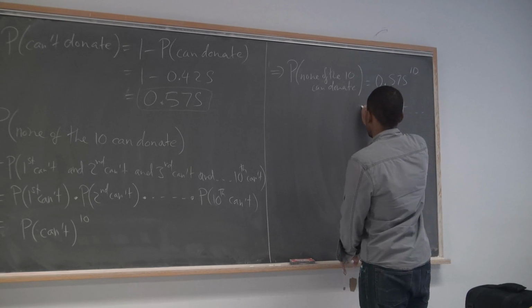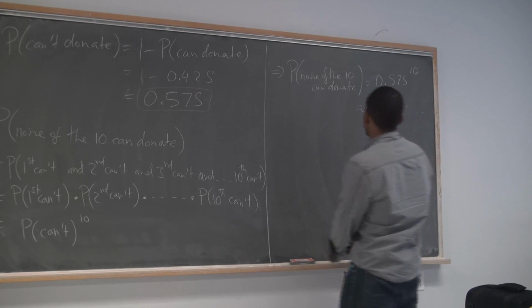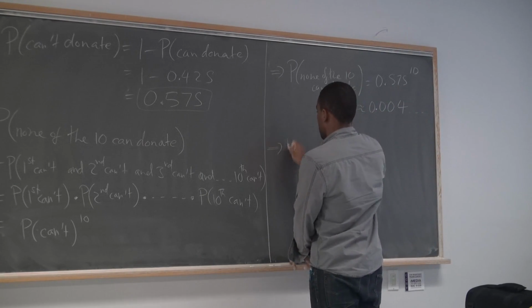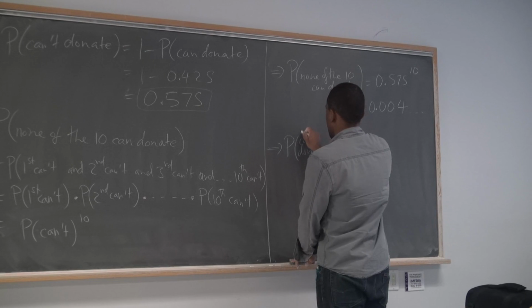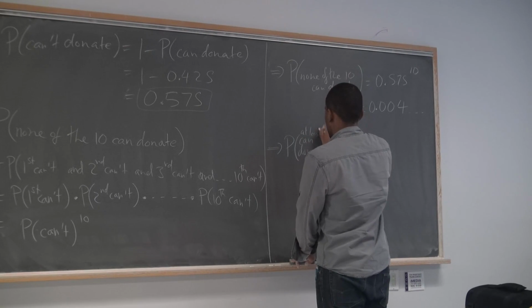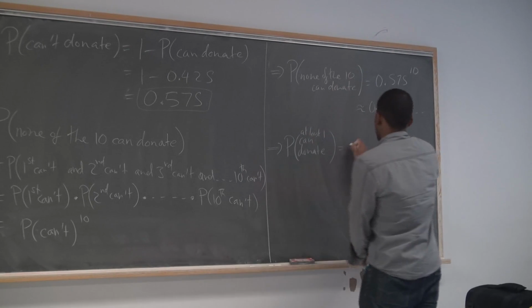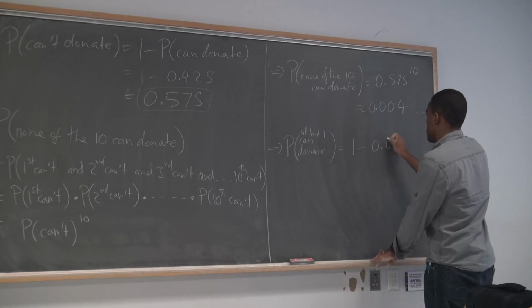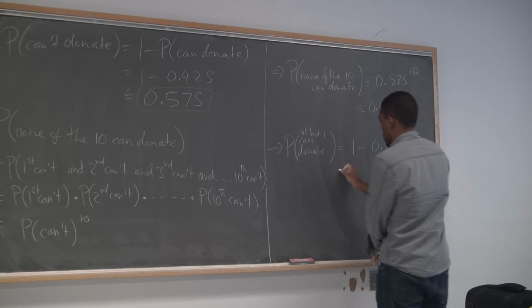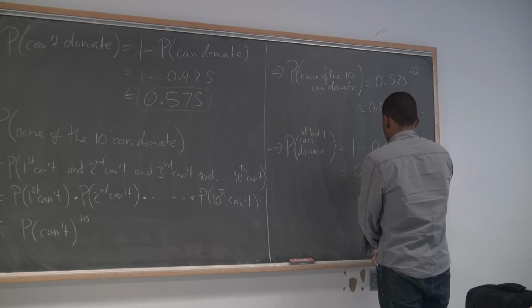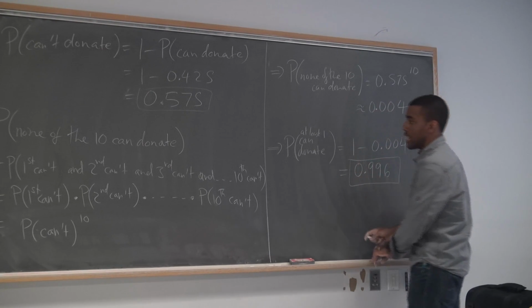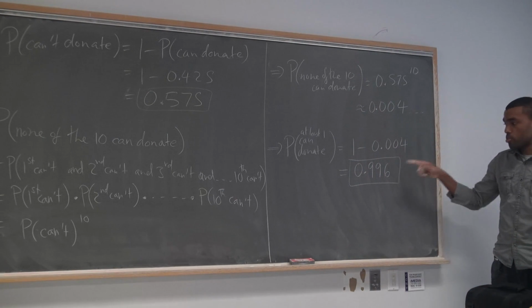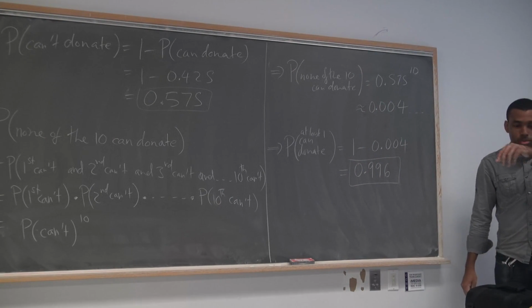So this means the probability that someone can donate, at least one, is just 1 minus 0.004, which is 0.996. So luckily for this guy, if 10 people show up to the blood bank, there's a pretty good chance that he'll get the blood he needs.